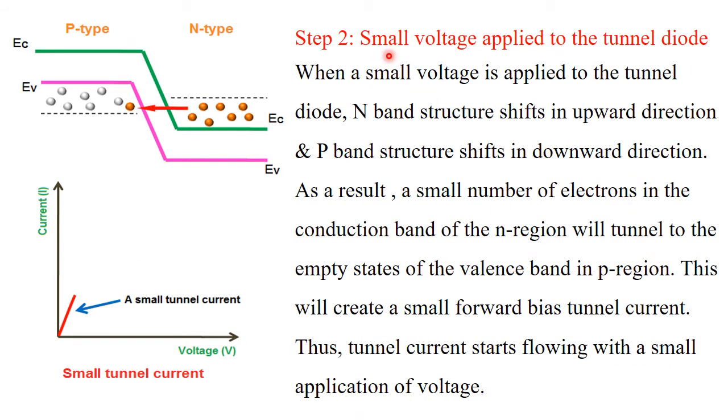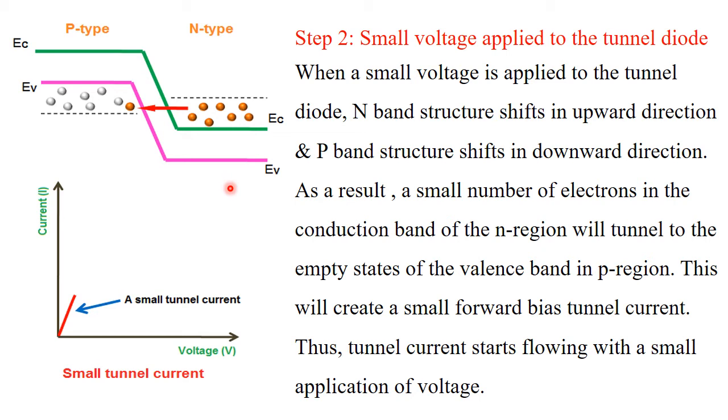Now let us start applying a small voltage across the tunnel diode. We are going to connect the diode in forward bias. So when we connect the junction in forward bias, electrons in the N-type semiconductor gain energy. Similarly, the holes in the P-type semiconductor gain energy.